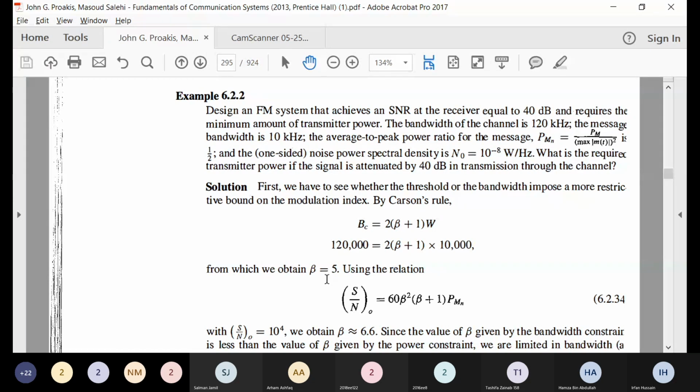This was the equation that we actually found just earlier, where we combined the additive signal to noise ratio at the output with the threshold equation. This comes out to be this thing.